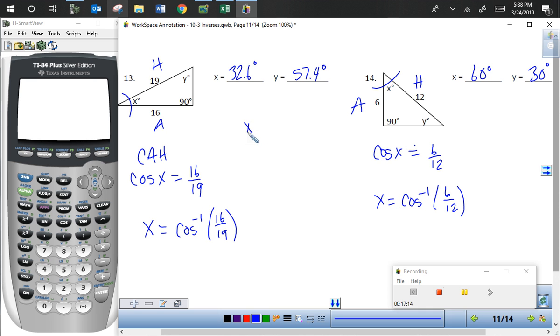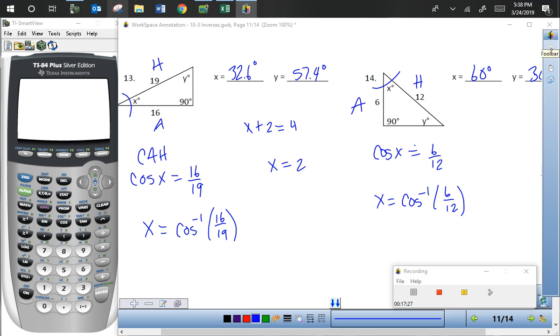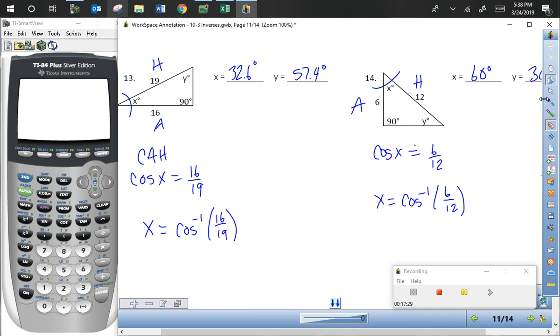For the same reason, when we say x plus 2 equals 4, sometimes we can just subtract that in our head immediately and say that's going to be 4 minus 2, which is 2. So you can skip that step if you feel comfortable. But I do want to see you write the equation and then write what you typed into your calculator.